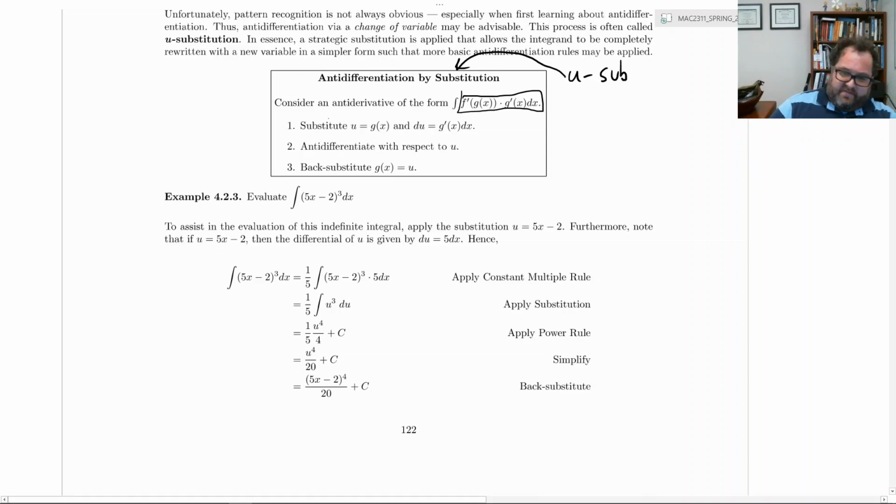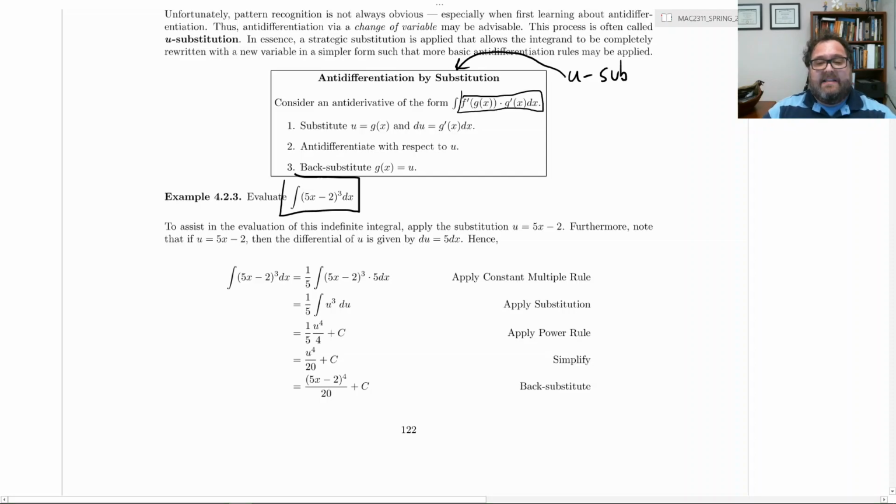All right, suppose we have this, Example 4.2.3. Now, you might be able to use pattern recognition like we did in the previous examples. In fact, you could. I'd probably use pattern recognition if I was going to do this problem. But you might not see that immediately, and I understand that. No big deal. Here's what we can do.